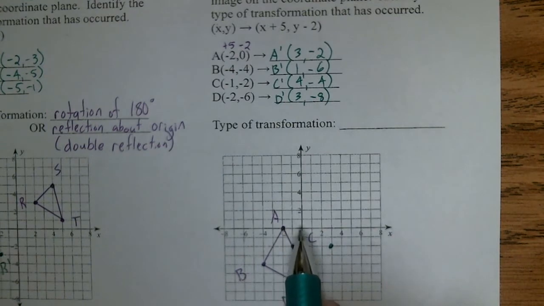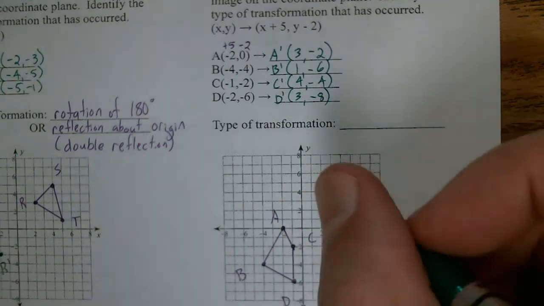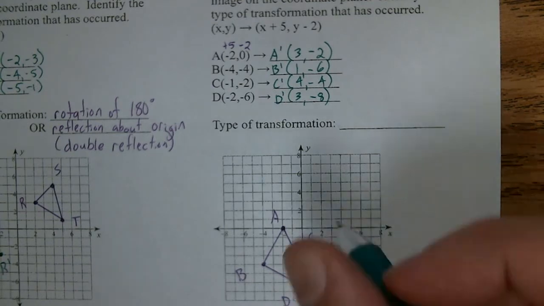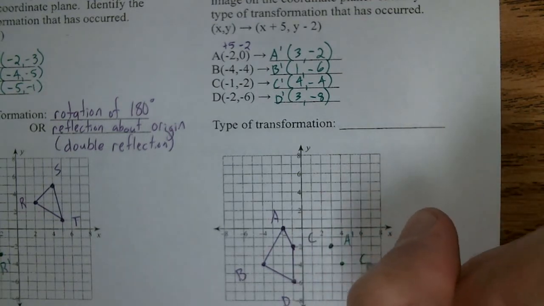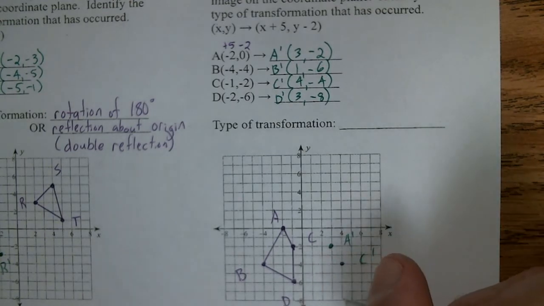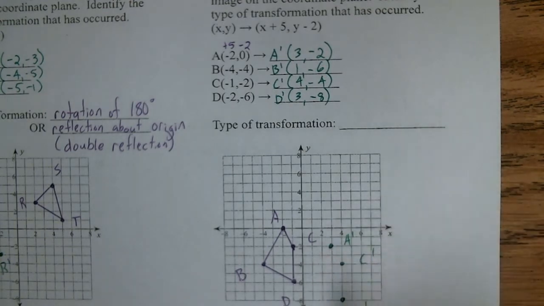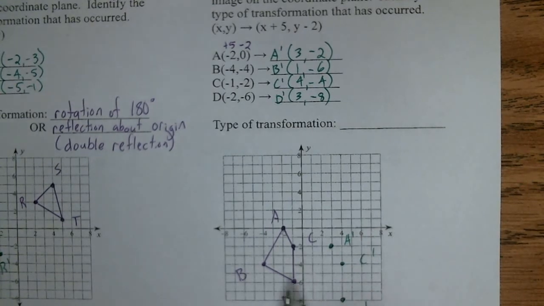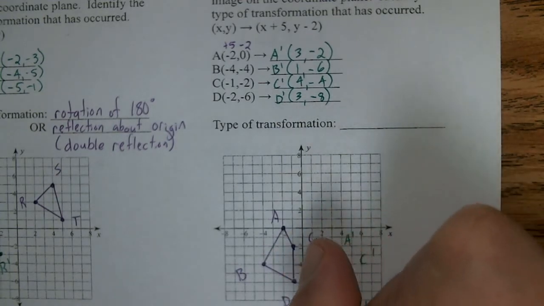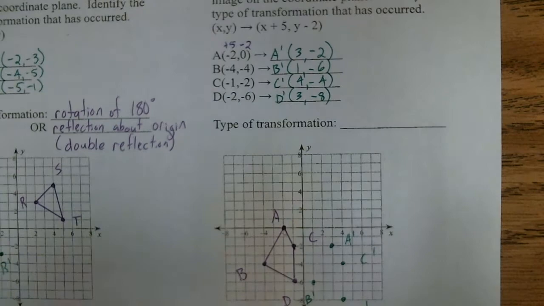I just go 1, 2, 3, 4, 5 down 2. But as a teacher, it's my job to show you both ways. And then B, 1, 2, 3, 4, 5 down 2. B prime.